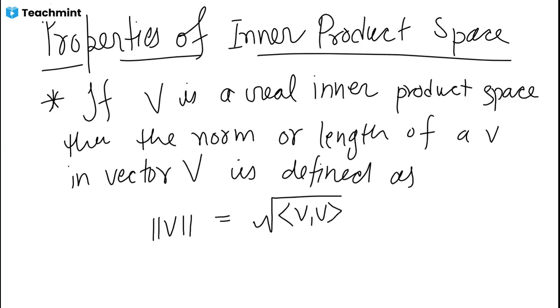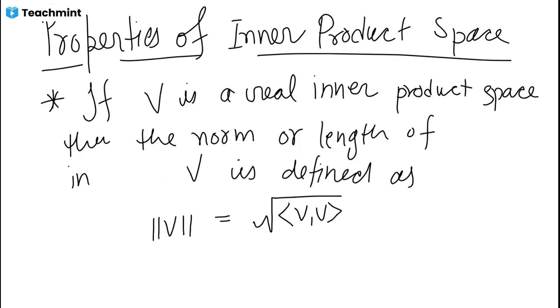One minute, ma'am. Let me read it. V is a real inner product space. Then the norm or length of a vector small v in the vector space, or simply you can say v. Okay, I'm just writing a little bit more clear here.